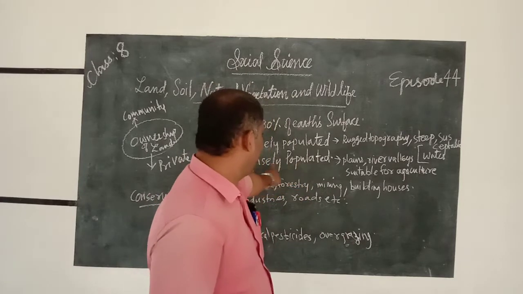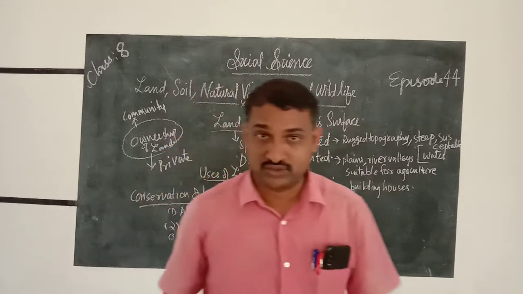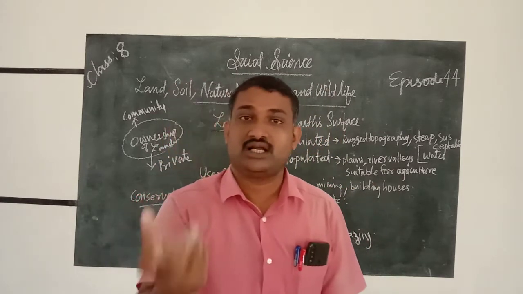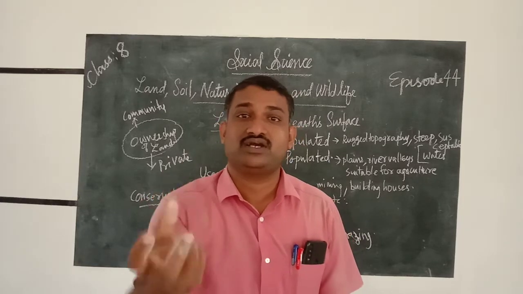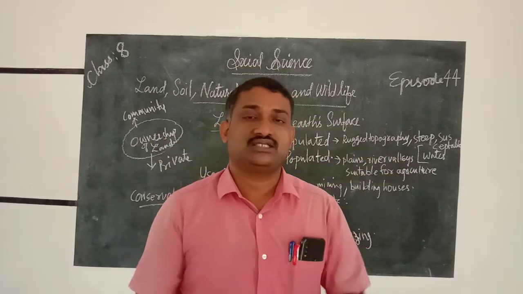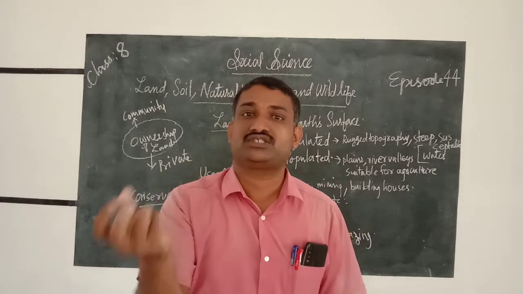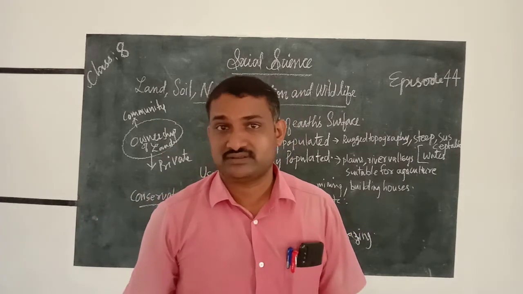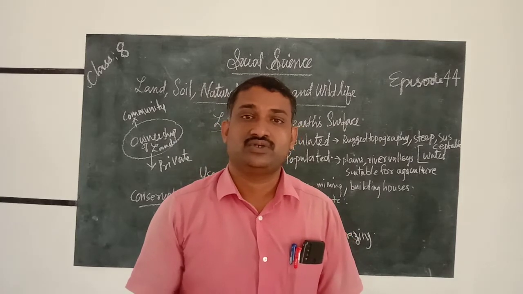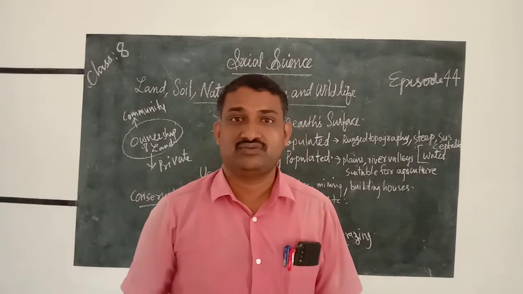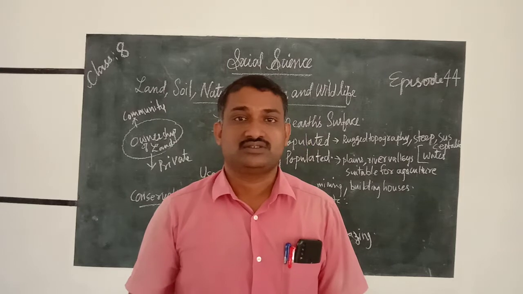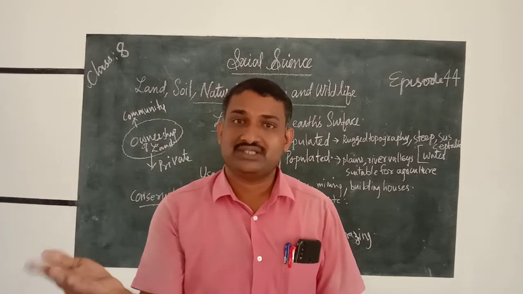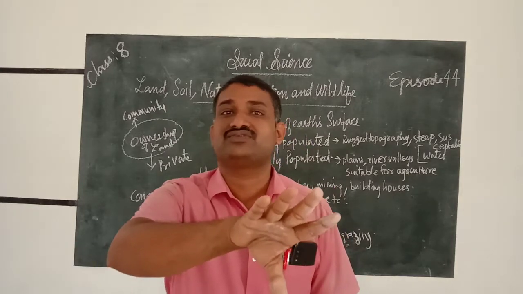Next, river valleys. Our culture also flourished on the banks of the river Indus. All cultures flourished on the banks of rivers: the Indus, Euphrates, Tigris, and Nile. All these civilizations flourished on the banks of these rivers.